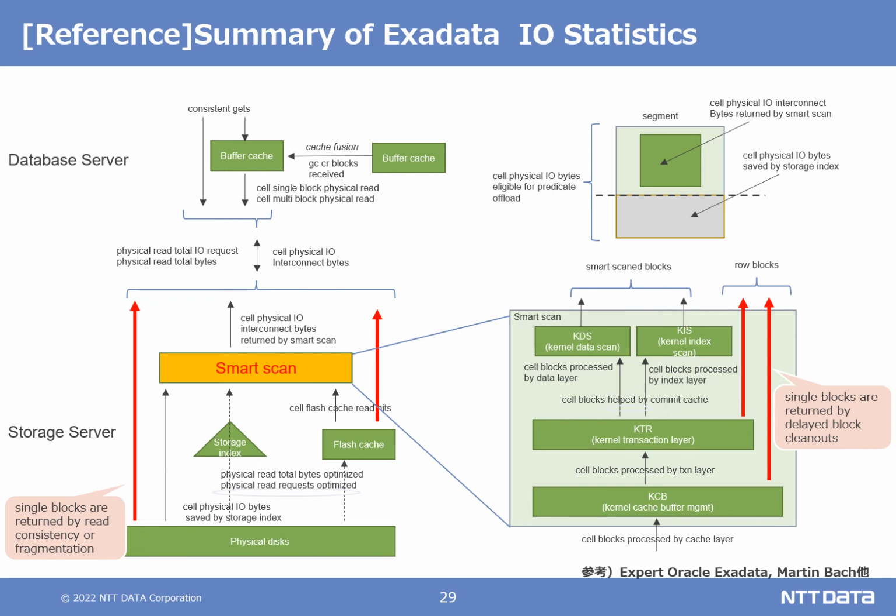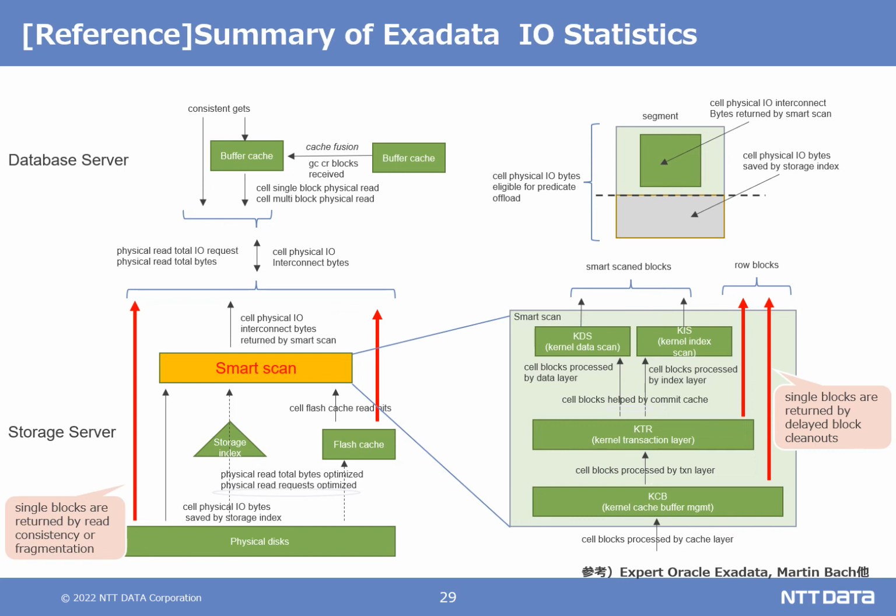Here, when a full scan or consistent read is requested from the DB server, the RAC cache fusion is checked, and if not found, I/O requests are sent to the storage server. The blocks read from the physical disks on each storage server go through the Smart Scan box and return the offloaded results to the DB server.